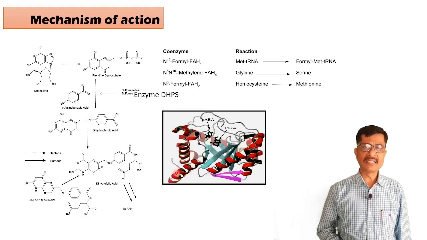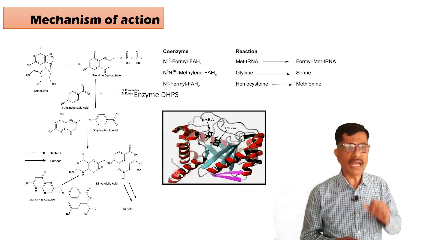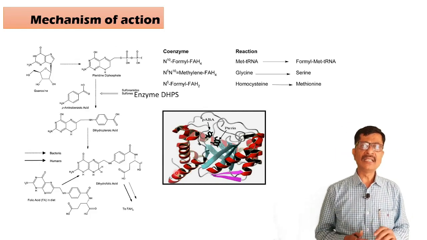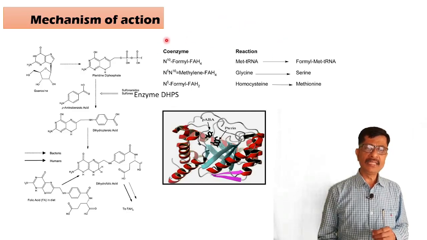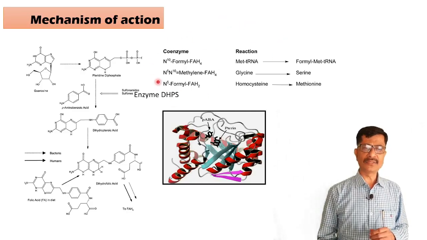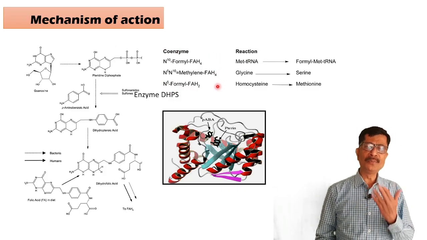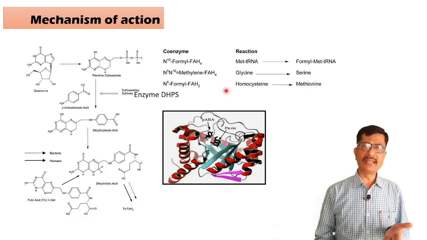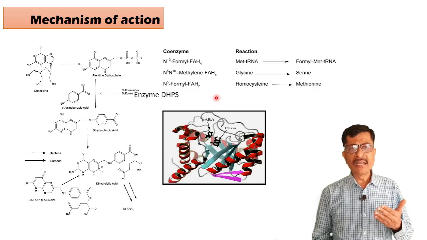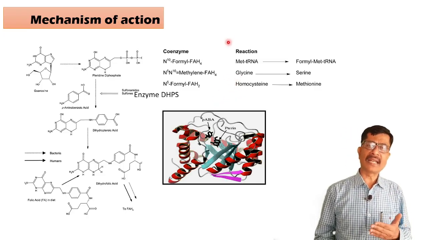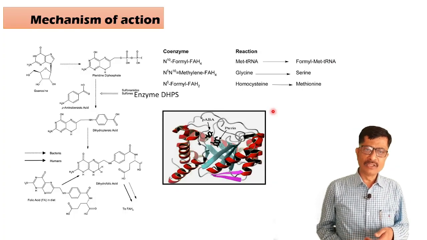Moving to the next, how it shows antibacterial effect. That is the mechanism of action of sulfonamides as antibacterials. Look at this. These are folate coenzymes, and these are required by humans as well as by microorganisms, including bacteria, for the different biochemical reactions taking place, and they are required for multiplication.